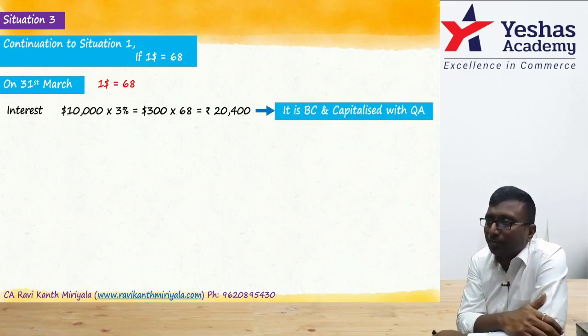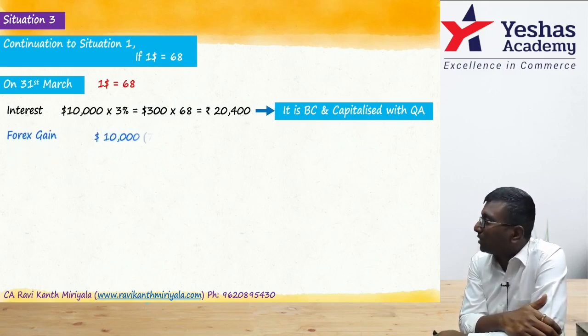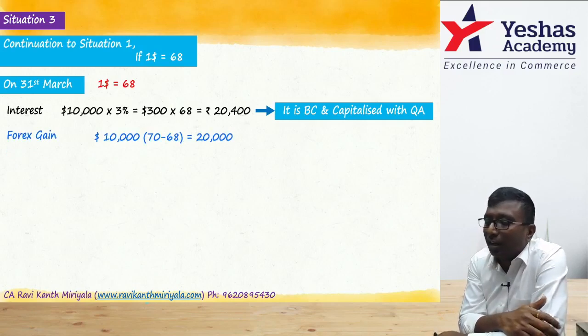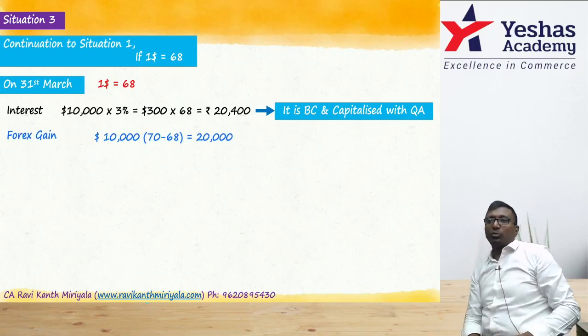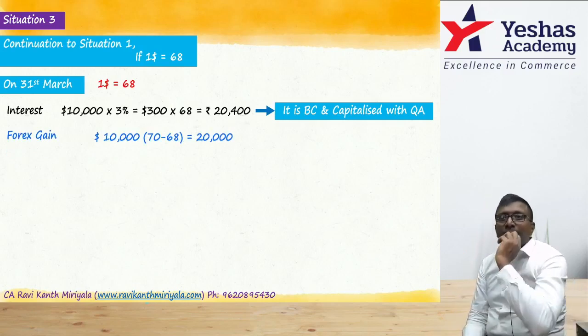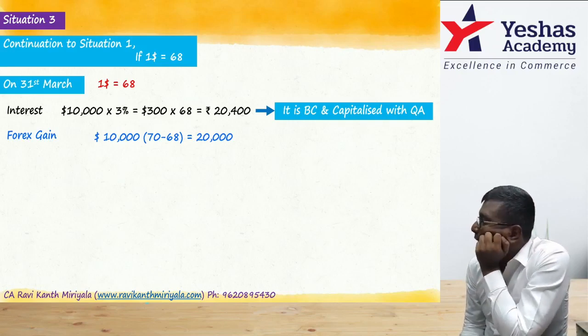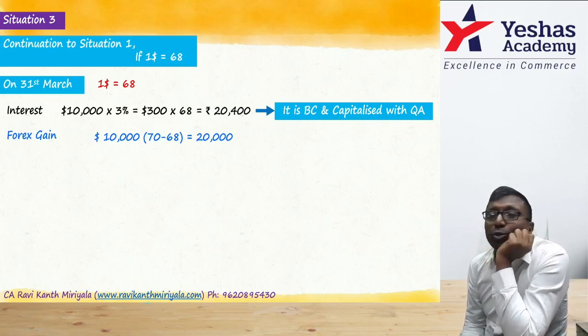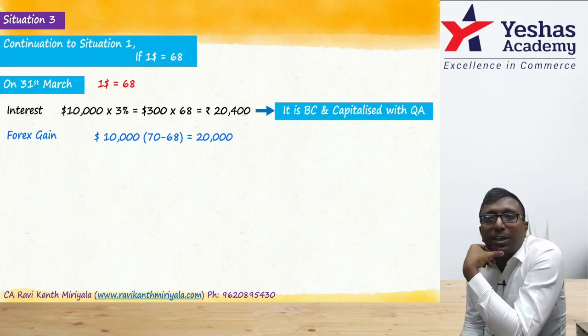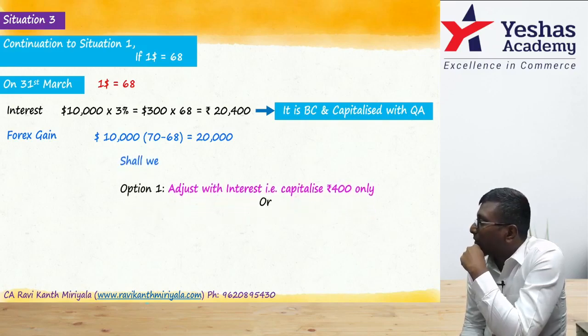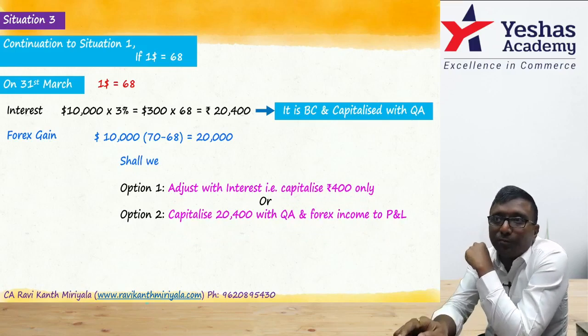On that there is no discussion. But there is a foreign exchange gain. 20,000 rupees is a gain. Correct, na? What should I do with the gain? Do you want me to take 20,400 minus 20,000, meaning 400 will be capitalized, or the full 20,400? I'll give you two options. Shall we do option number 1, option number 2? You tell which one you want to do.